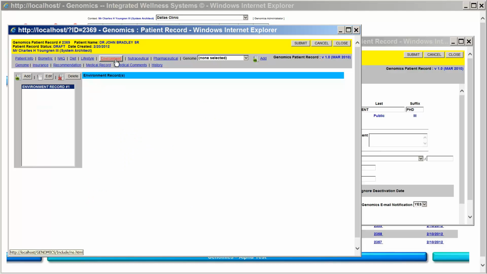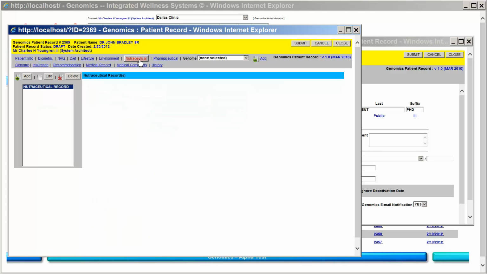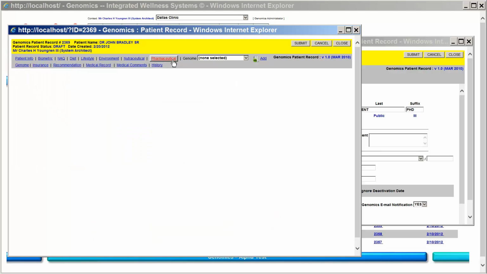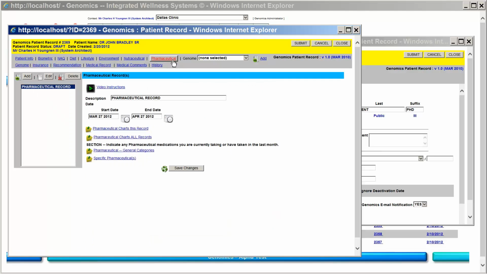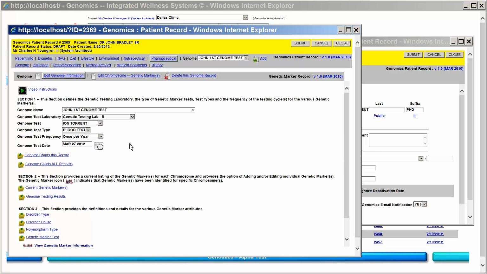We can also examine the environmental impact, his nutraceuticals, pharmaceuticals as required. We can also delve into the patient's genetic records. In this particular case, we have, after the form builds, the metadata concerning his test and all other pertinent information.